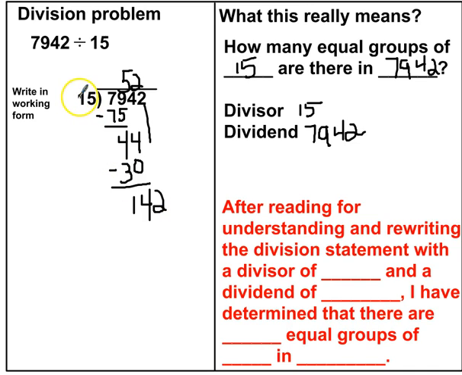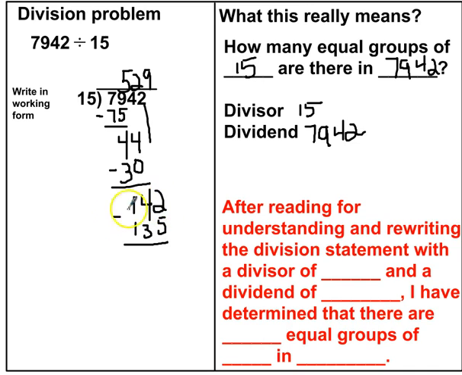And 15 is going to go into 142. If you said 9 times, you're absolutely correct. 9 times 5 is 45. Carry the 4. 9 times 1 is 9 plus 4 is 13. Subtract.